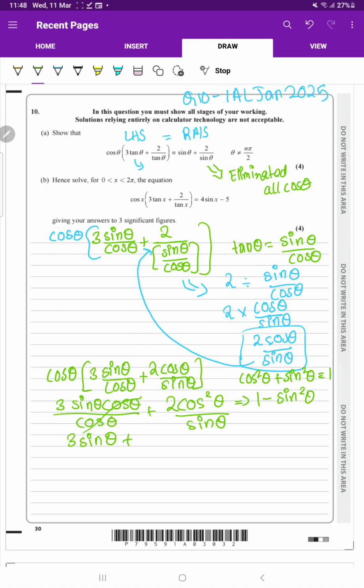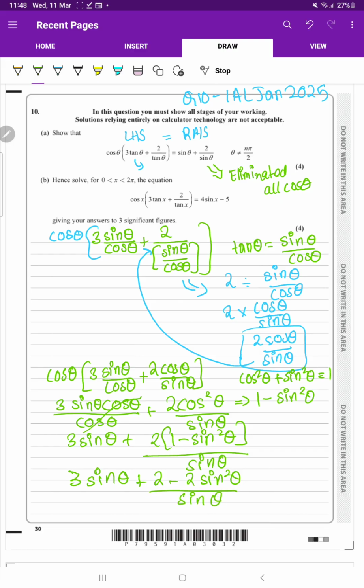So we replace this with 2 times (1 minus sin squared theta) over sin theta. Expanding the bracket, you have 2 minus 2 sin squared theta over sin theta.